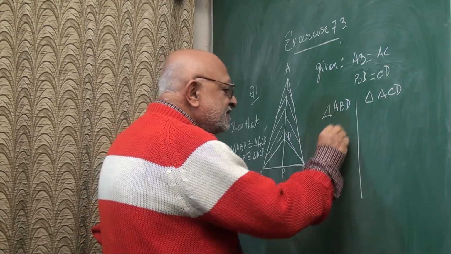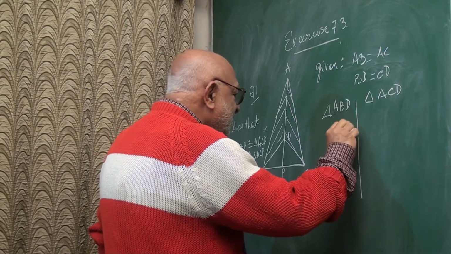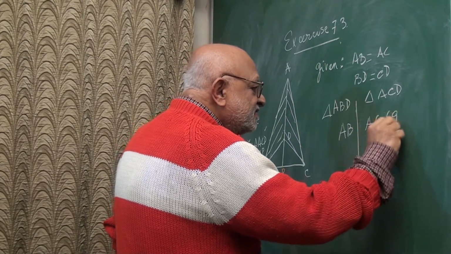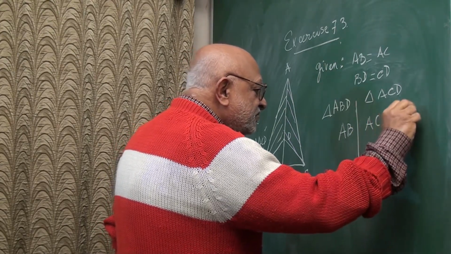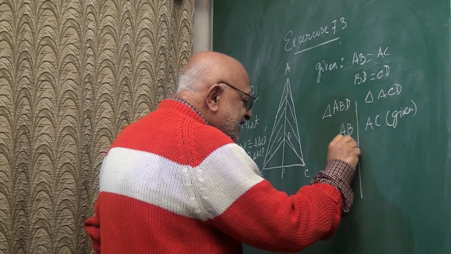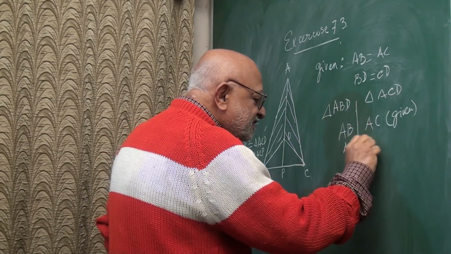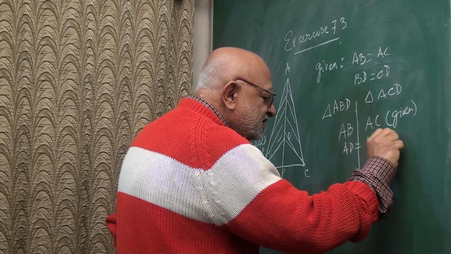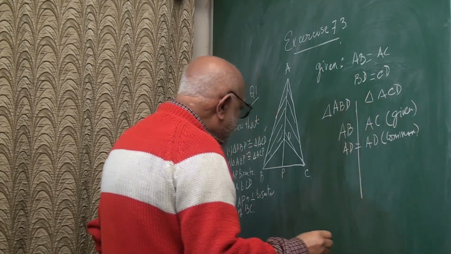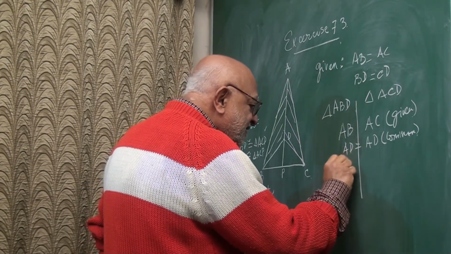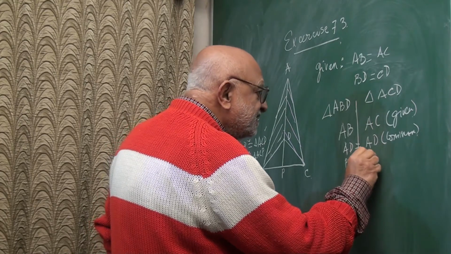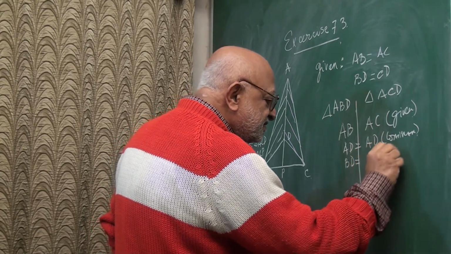Here it's given AB equals AC. So this is one side given. Now you see AD is equal to AD because this is common. And BD is equal to CD, this is also given.